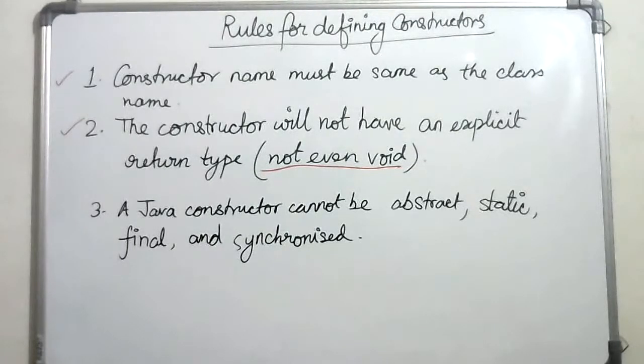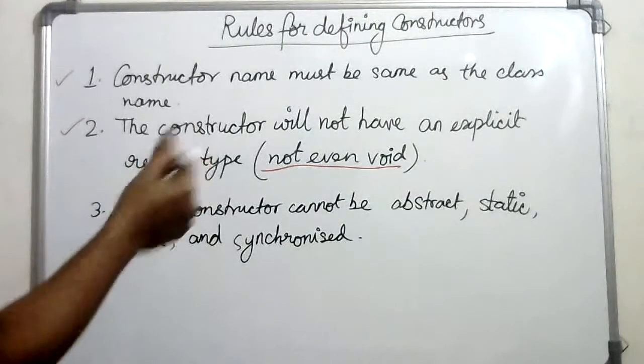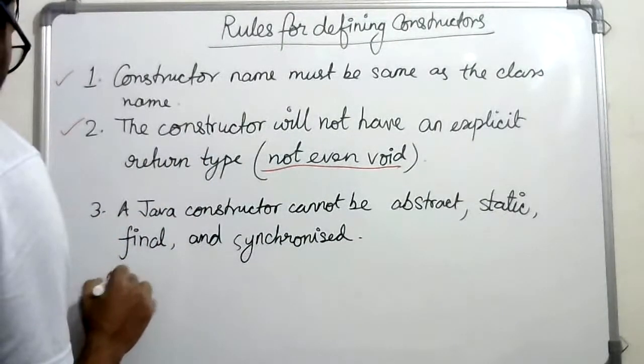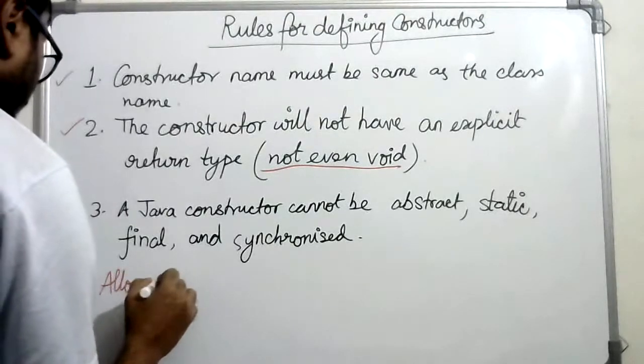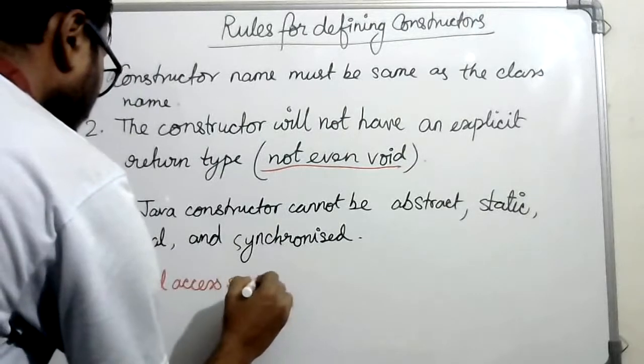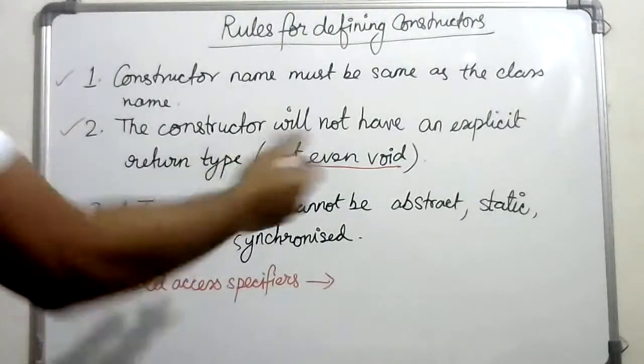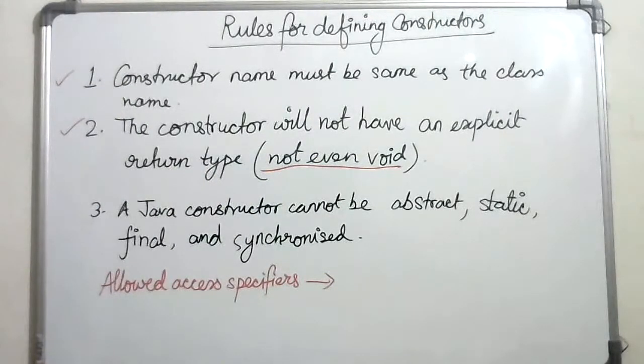As I told you, we can use access modifiers while declaring a constructor. So let me write it down in a different ink just to differentiate it from the rest. These are called the allowed access specifiers, which are allowed when you are declaring a constructor. They are private, protected, public, and default, just like a class.